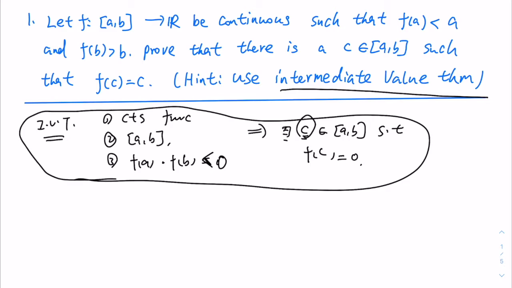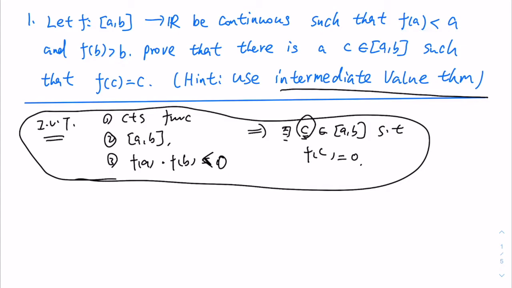And let's see how we can use this IVT for question number 1. In question number 1, the first condition, continuous function, is satisfied, and the closed interval is satisfied. But the third condition is not satisfied, because we only know f of a is less than a, and f of b is greater than b.